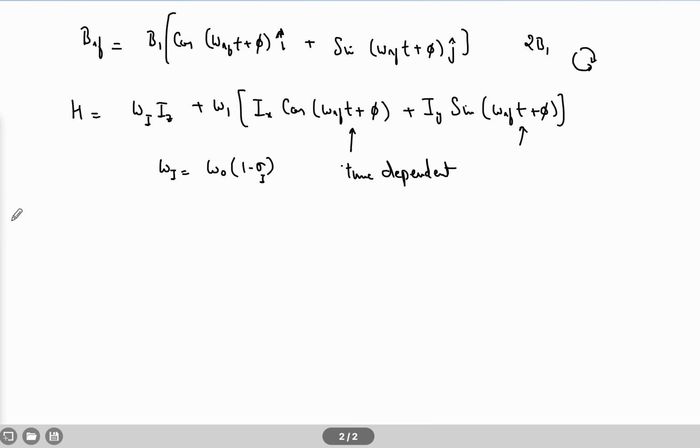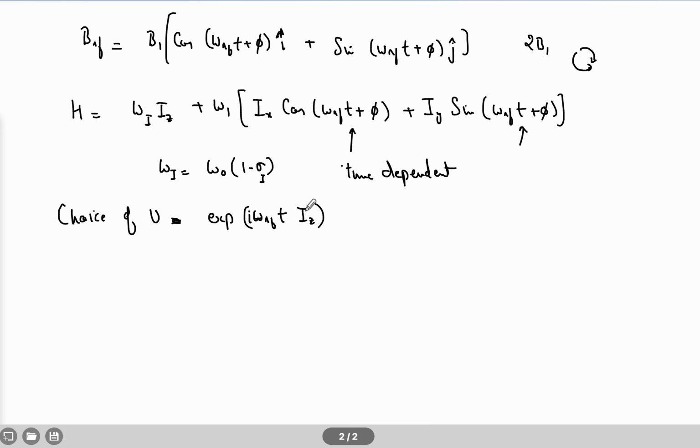Since in the rotating frame we precess about the z axis with omega_RF, the choice of U can be written as exponential of i omega_RF t Iz. That will be our unitary operator U, which when applied onto the density operator renders the Hamiltonian time independent.